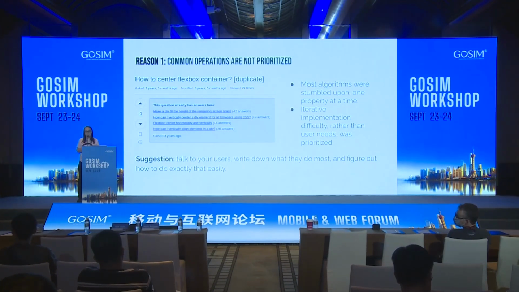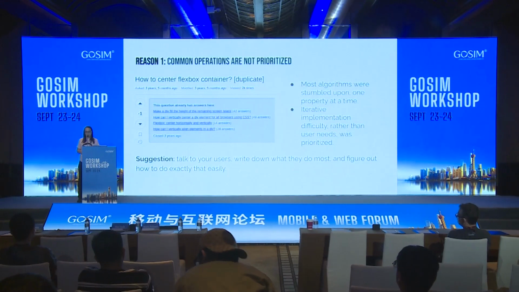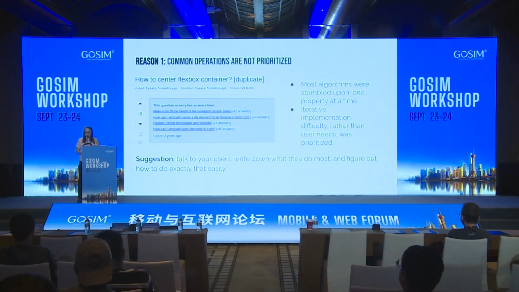Okay, great. It's not okay. They didn't sit down and talk to designers and say, okay, what are the 10 most common operations you have? Let's go make an API for each of these and make sure that they compose nicely.